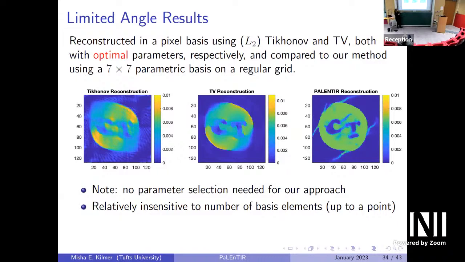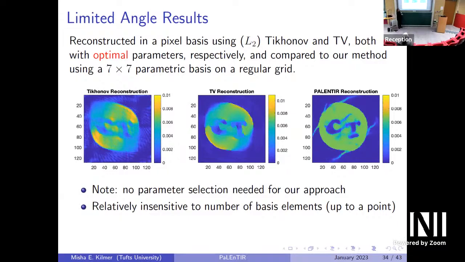Again, we did not need to select any regularization parameter for our approach. And we investigated, okay, if I do 7x7, 8x8, 9x9 of these basis functions, how sensitive is it to that choice? Because you could implicitly think of this capital N as a regularization parameter.